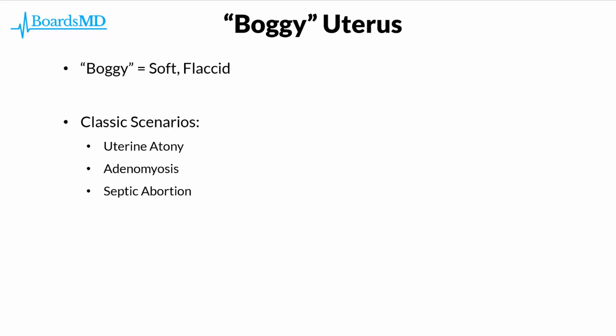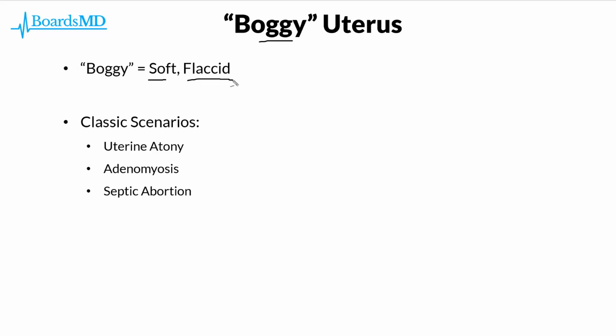I would also like to take a moment here to comment on a term that is commonly used in OBGYN question stems, which is this idea of the boggy uterus. When we say boggy, we are referring to something that is soft and flaccid, and there are really three classic scenarios where we see this in question stems when it comes to obstetrics and gynecology.